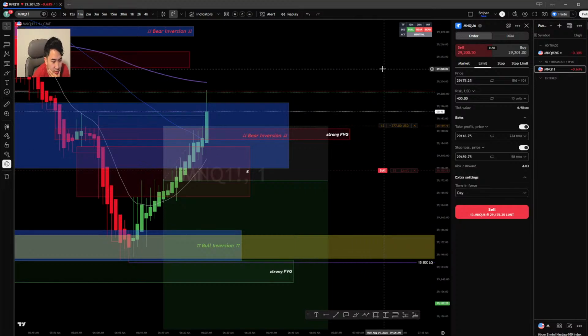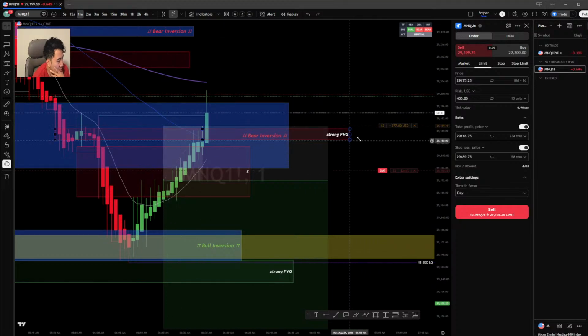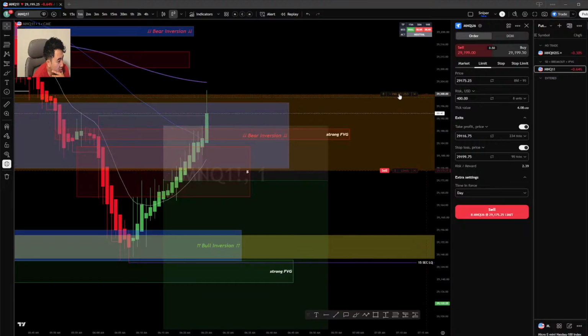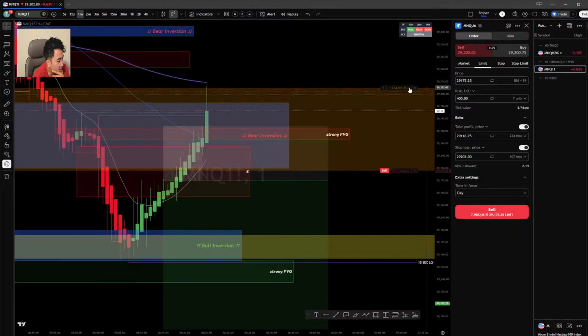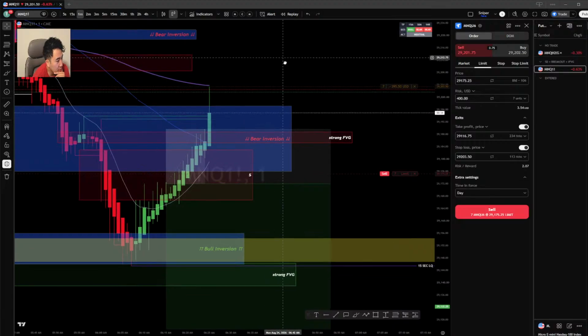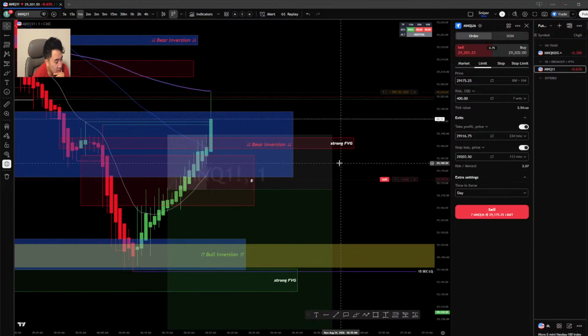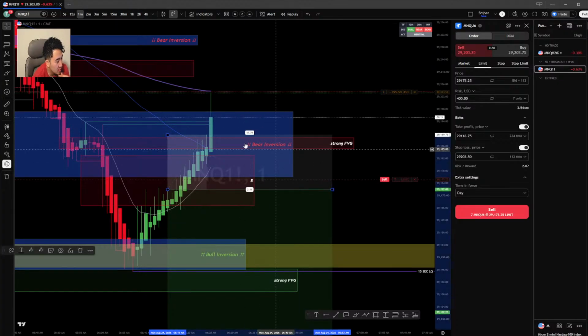All right, this is a strong spike up. We're gonna need a strong spike downwards to see if price could still trade below this bearish inversion. If not, then this next 1 minute candle is going to break outside of this gap, outside of this bearish inversion zone.